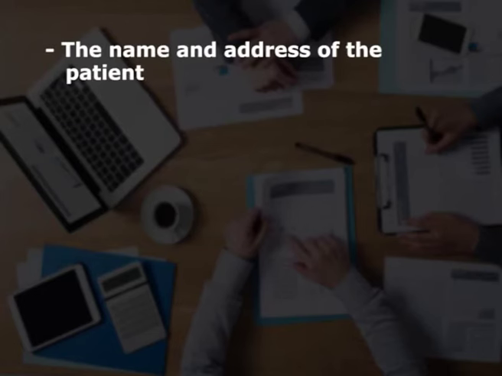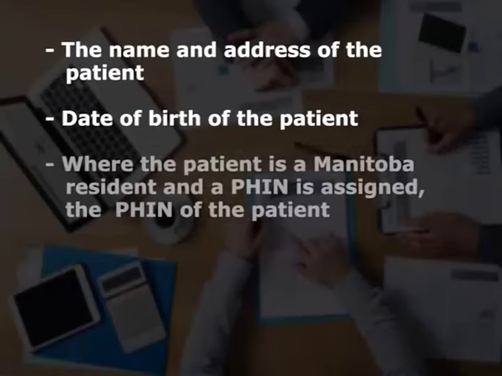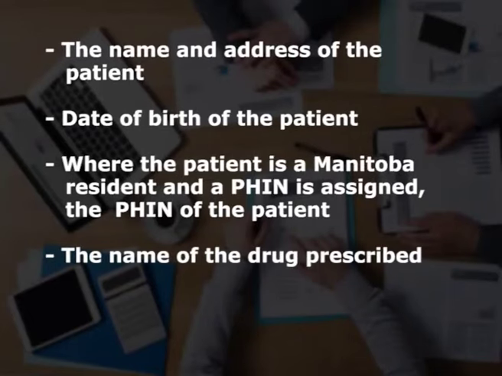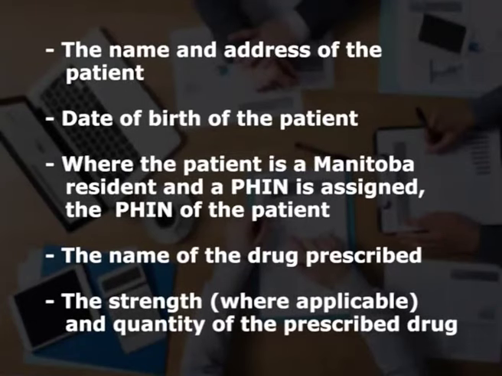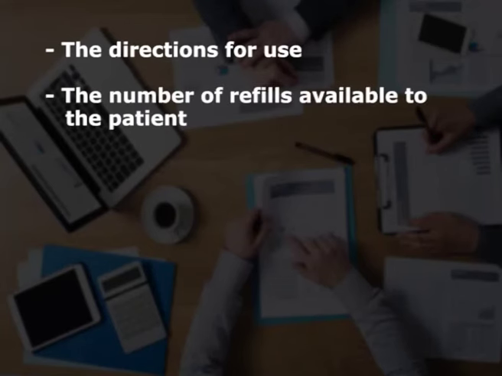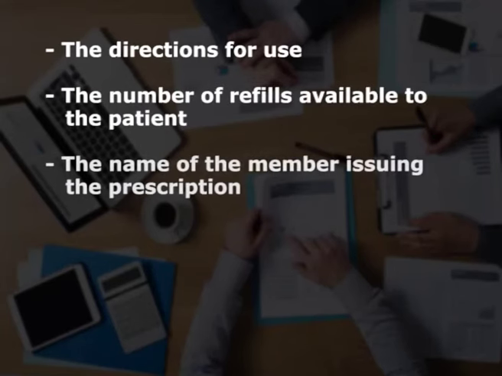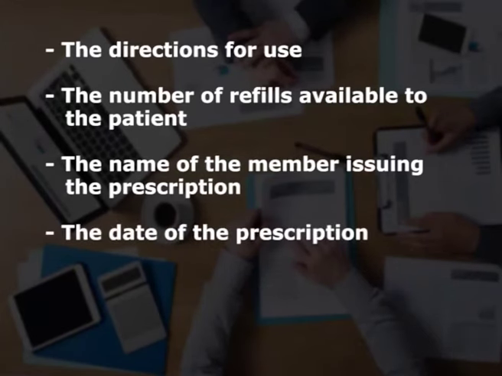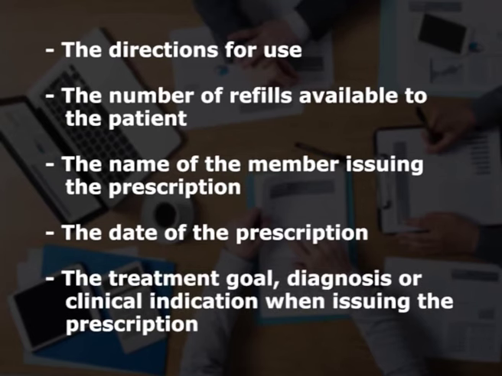A member who issues a prescription must make and retain a record of the name and address of the patient, date of birth of the patient, where the patient is a Manitoba resident and a PHIN is assigned, the PHIN of the patient, the name of the drug prescribed, the strength where applicable and quantity of the prescribed drug, the directions for use, the number of refills available to the patient, the name of the member issuing the prescription, the date of the prescription, and the treatment goal, diagnosis, or clinical indication when issuing the prescription.